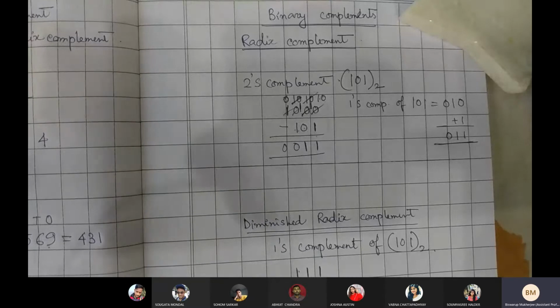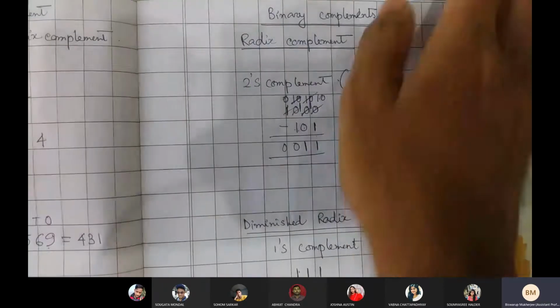Instead of subtraction, whenever a subtraction operation needs to be performed, we use this complement system based addition. So subtraction is nothing but a complementary addition. We'll be seeing that, and in computers we perform that. That is why it is important to learn this complementary version.